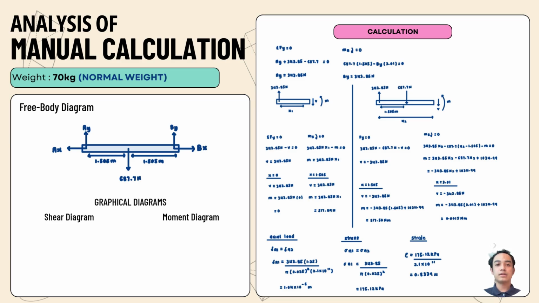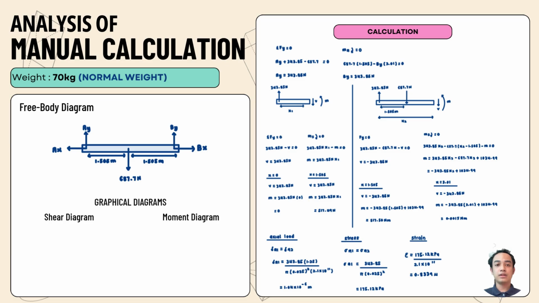And then for x equal to 1.505, V is 343.85 and the moment is 517.49. For the second section, at x equal to 1.505, V is negative 343.85 and the moment is 517.50. And then at x equal to 3.01, V is the same and M is 0.